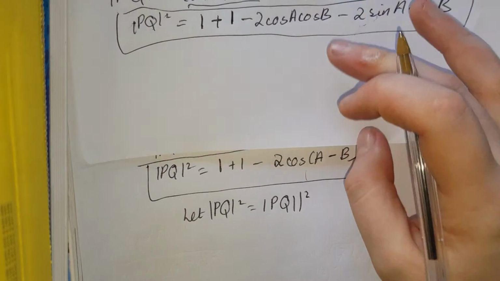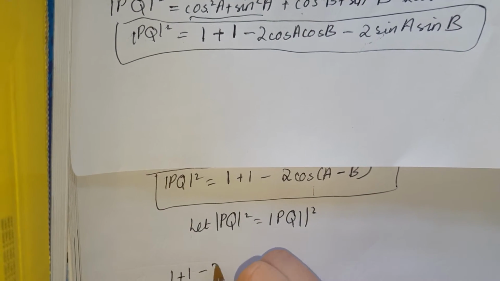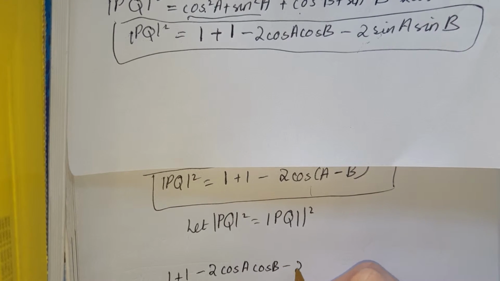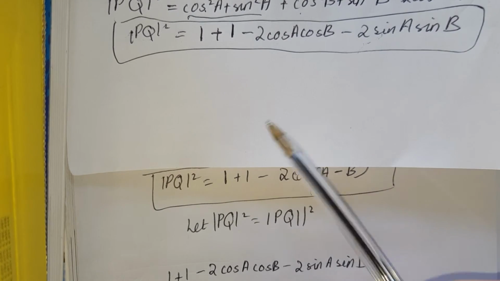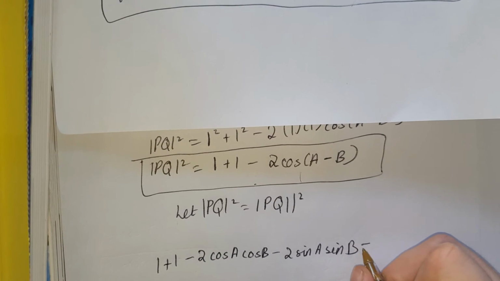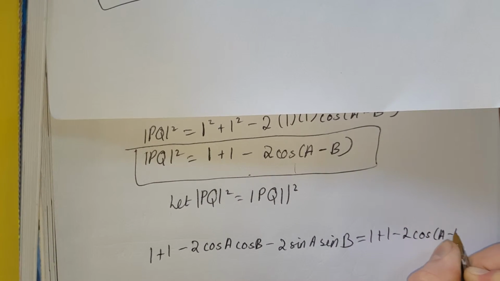So let 1 plus 1 minus 2 cos A cos B minus 2 sin A sin B, that's what I got from my distance formula, equal this, 1 plus 1 minus 2 cos of A minus B.